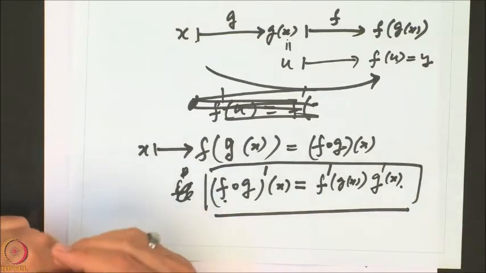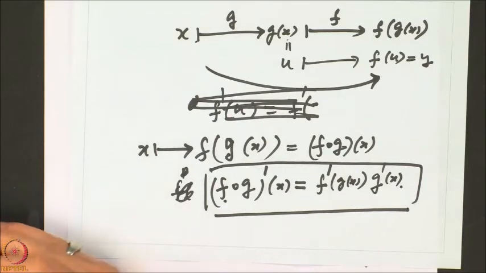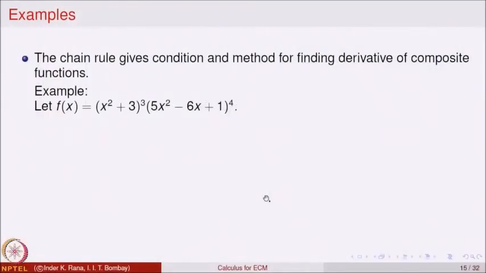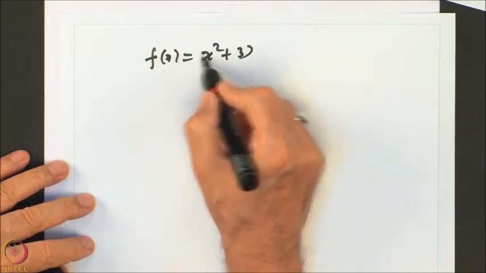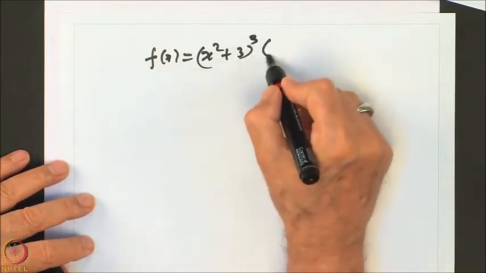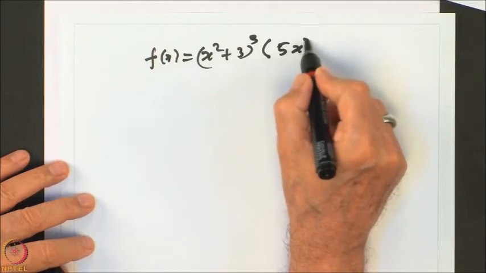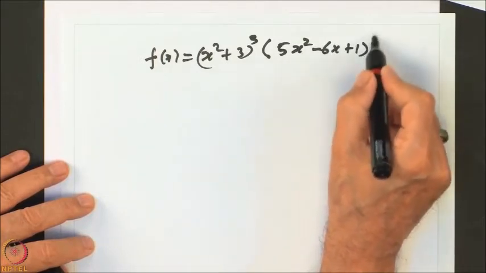Let us look at this function: f of x is equal to x square plus 3 raised to power 3, into 5x square minus 6x plus 1 raised to power 4. To understand this, let us break it into two parts.